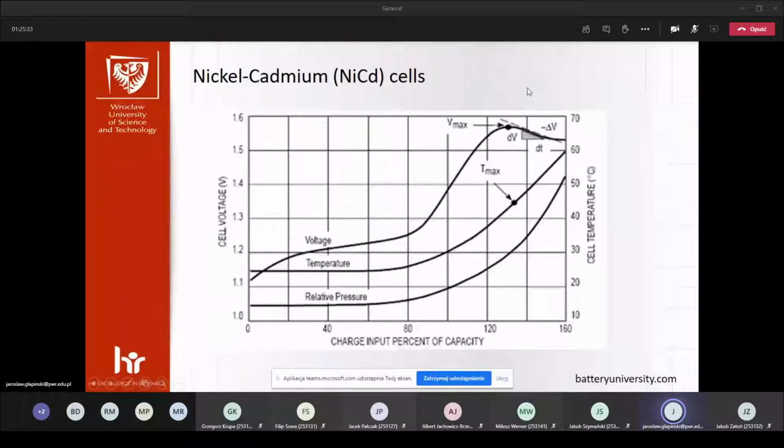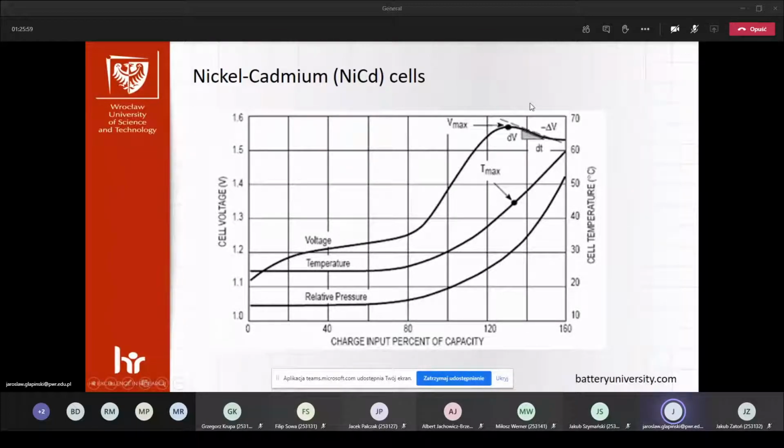So if we have some device that finds the moment when the voltage starts going lower, we can stop the charging process. This could be faster because in this case we could use a higher current to recharge the accumulator.